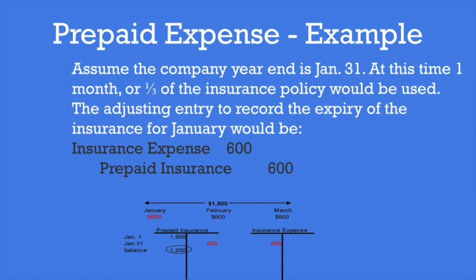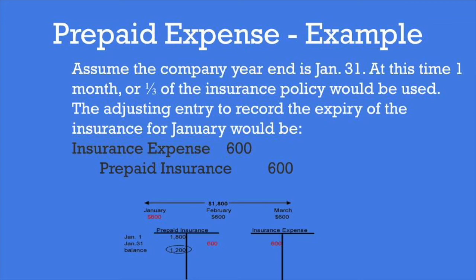Now, let's move to the end of January. And let's assume that the company year end is January 31st. So at this time, 1 month or 1/3 of the insurance policy has been used. So the adjusting entry to record the expiry of the insurance for January would be insurance expense will be debited by $600, which is 1 month of insurance, and prepaid insurance will be credited by $600.